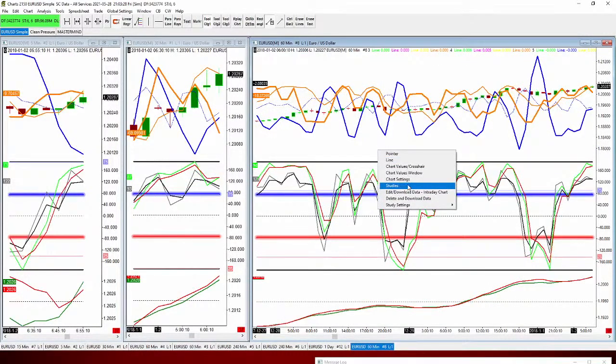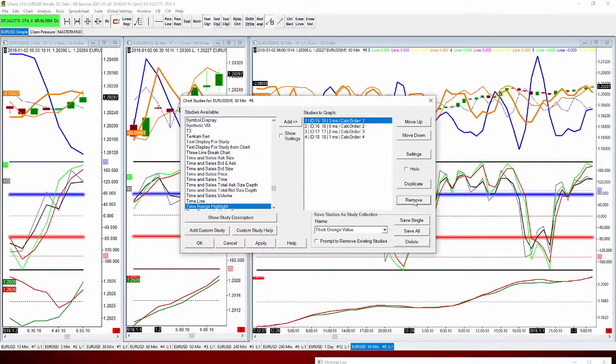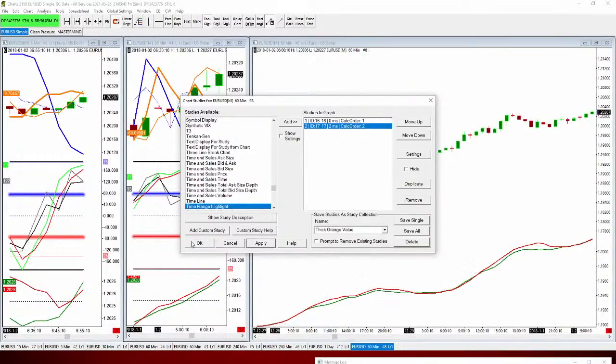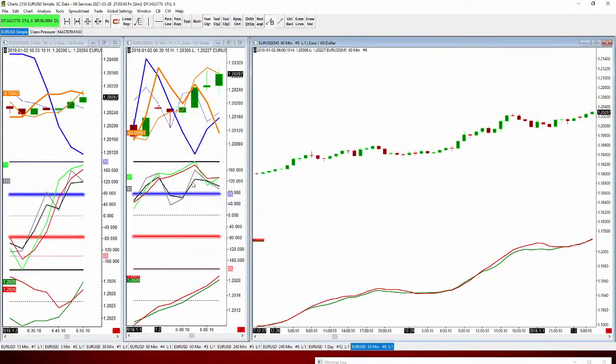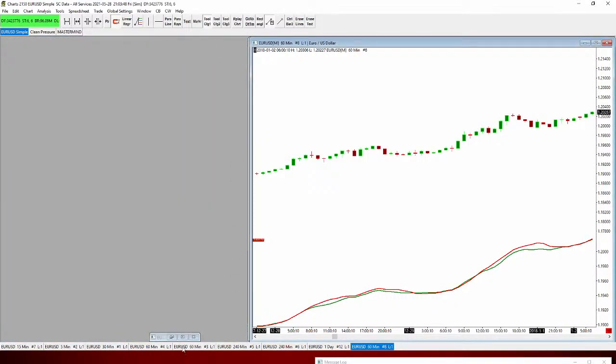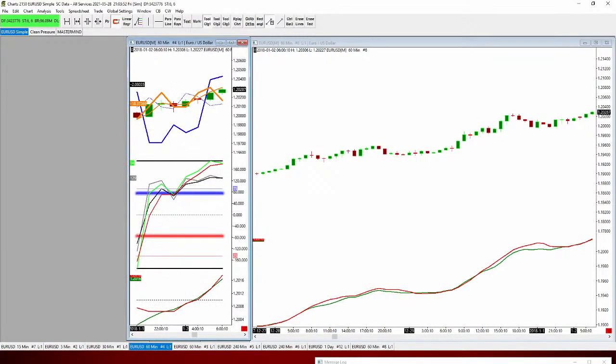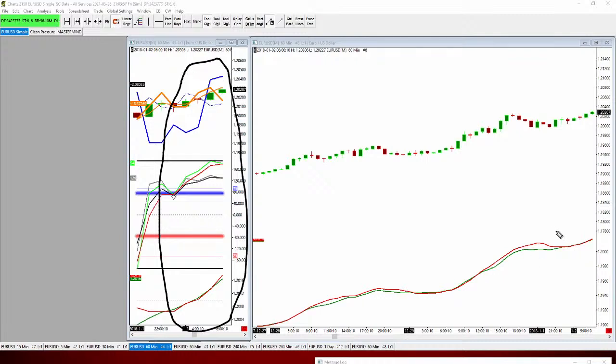What I'm going to do with this chart is remove everything except for the pressure indicator, and this is going to be linked with the chart here on the left. So we'll be looking at all indicators on this chart and only the pressure indicator on this chart.